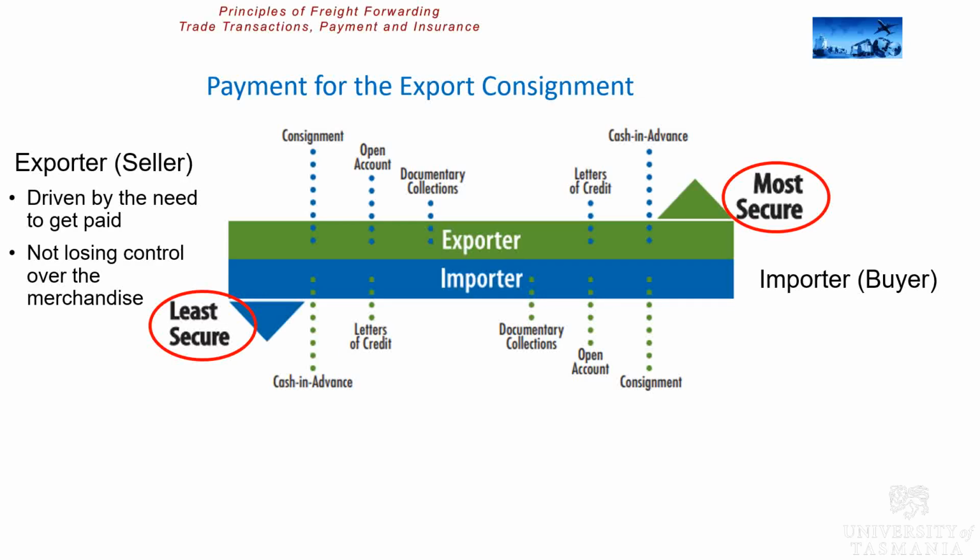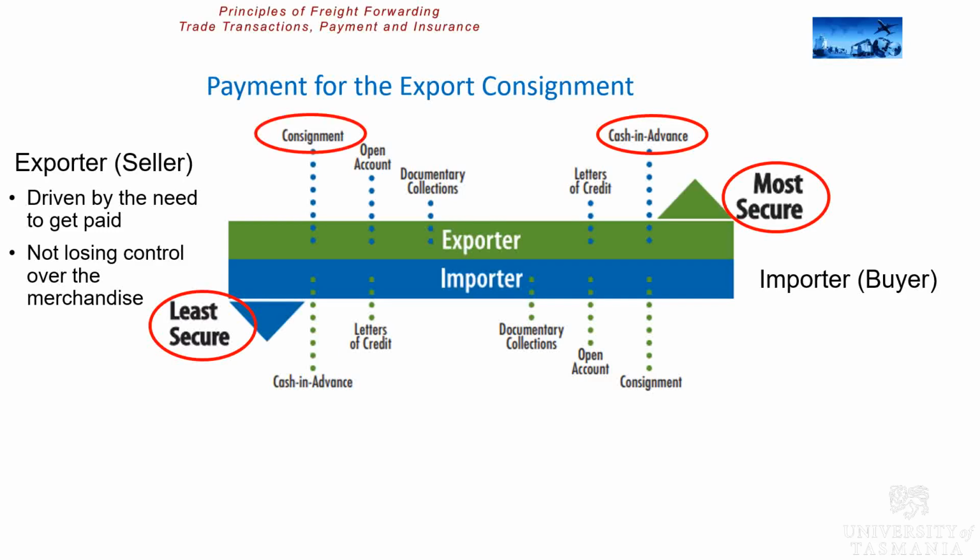So once that merchandise is out of their hands, they get a little bit concerned about the investment that they've made in preparing the goods and getting them ready to send off to a buyer. So with that in mind, if they can get cash in advance, that's the best case scenario for them. However, most buyers don't really want to provide cash in advance. They want to make sure that they're getting what they paid for as well. So hence the negotiation process.